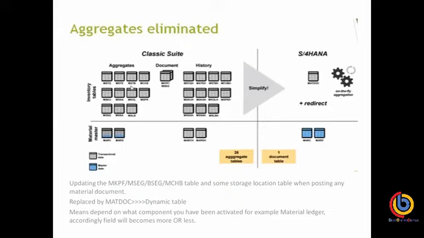Then at the same time, if someone is extracting reports, SAP is joining the various tables to get the information, like some information from MKPF, some from MSEG, some from BSEG, and MCHB, where batch related data is stored. So a piece of information I'm getting from one table, and some piece of information from different tables.